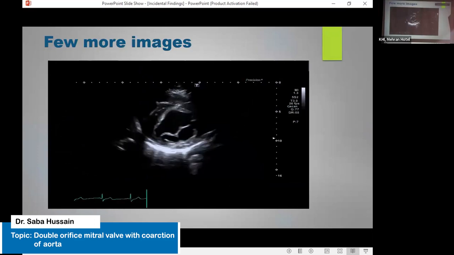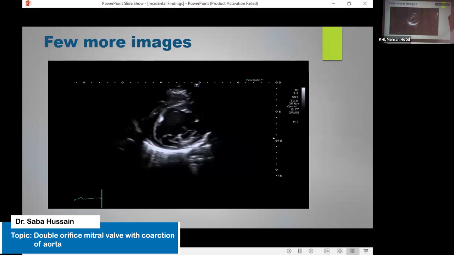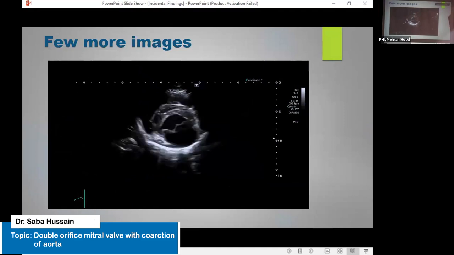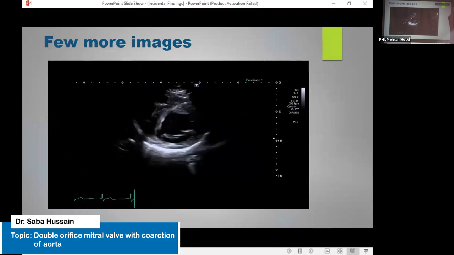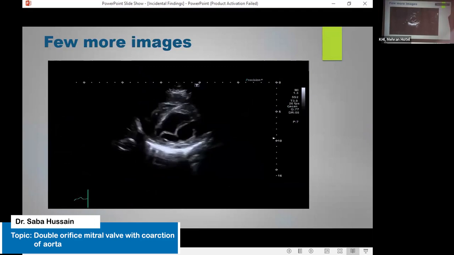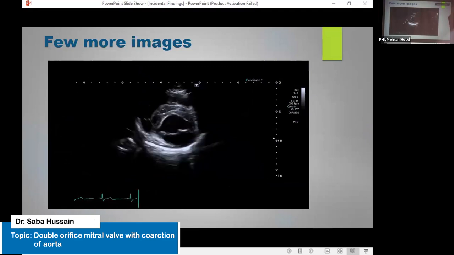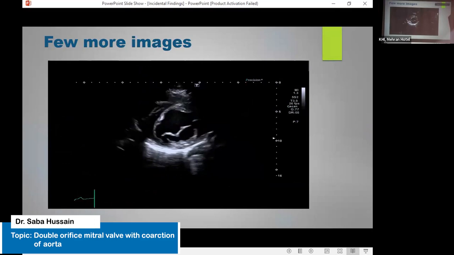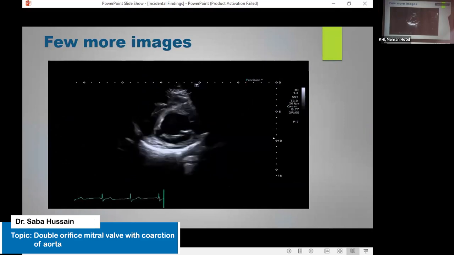So we took more and more images just to be sure about what it actually is. This is how it looked in short axis. So fine, on transthoracic, we were thinking about double orifice mitral valve. This was our first opinion.